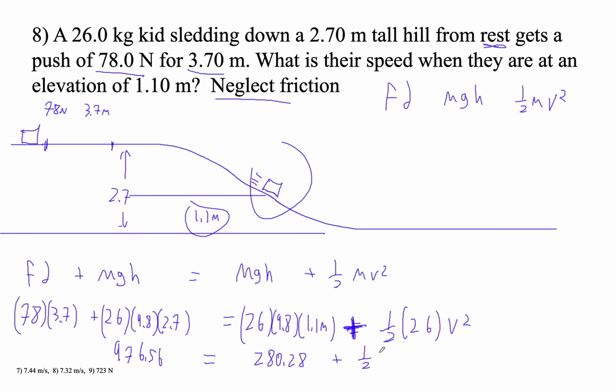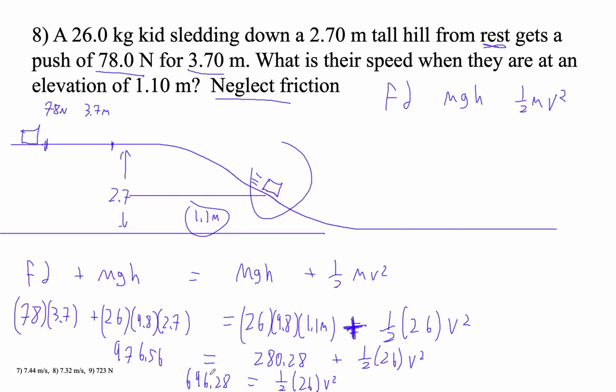Plus 1/2 26 v squared. Okay, so now I'm going to go this minus this. So the 976 guy minus the 280, that's 696.28 is 1/2 26 v squared.